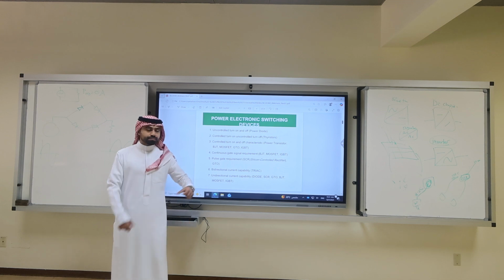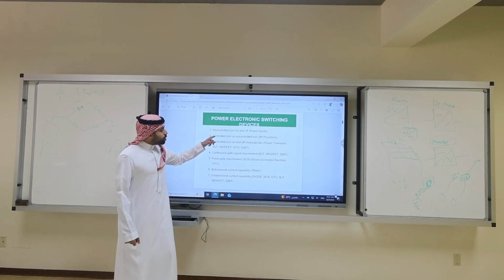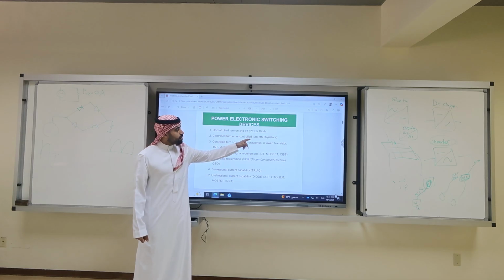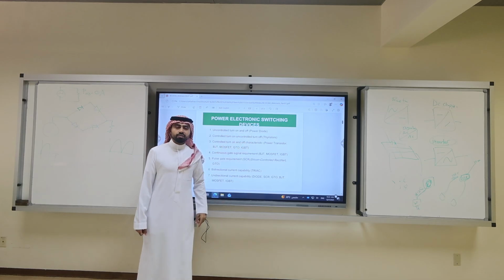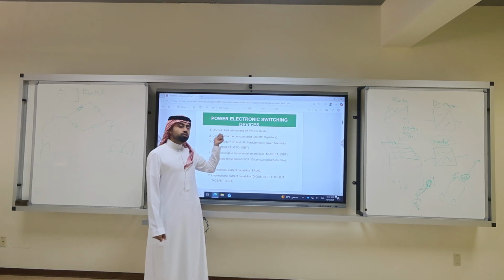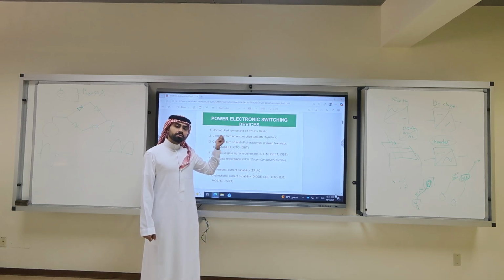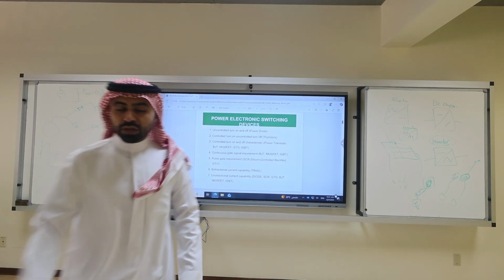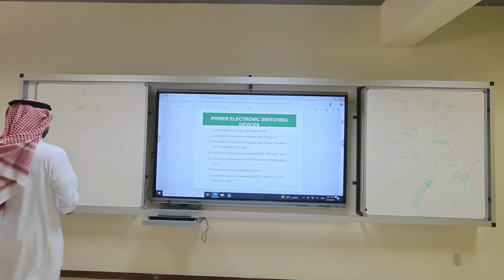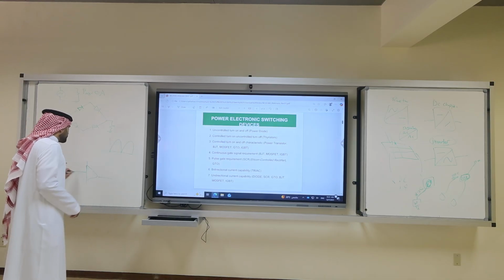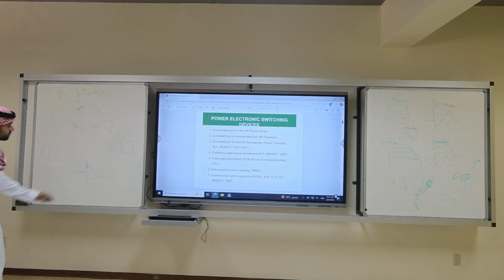So it's bigger. Controlled turn on, uncontrolled turn off: thyristor. Thyristor is a diode, but you can control when it turns on. For example, how does the diode look like? This one, right? No, this one.